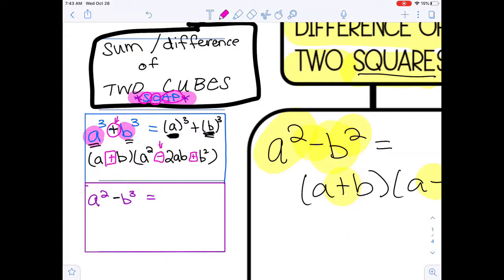So we set it up as whatever the first term cubed is, we go a, whatever the last term cubed is, b, first term squared, a squared, 2 terms multiplied together with a 2 in front, 2ab, and the last term squared goes here. And then we go same sign, opposite sign, always positive for the signs.